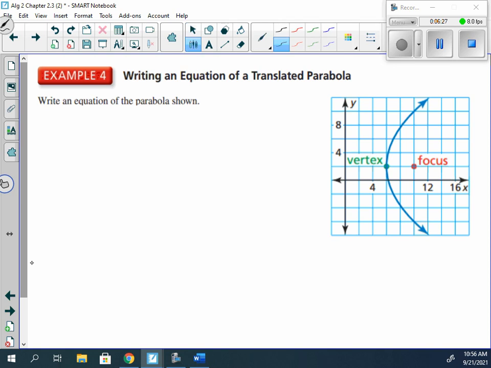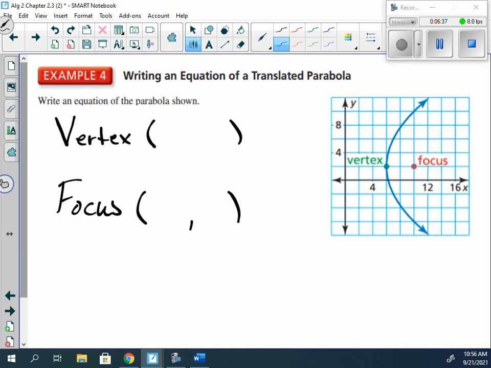Now if we look at this first one here, they give us the vertex and the focus. So looking at the graph, what is the vertex here? (6, 2).